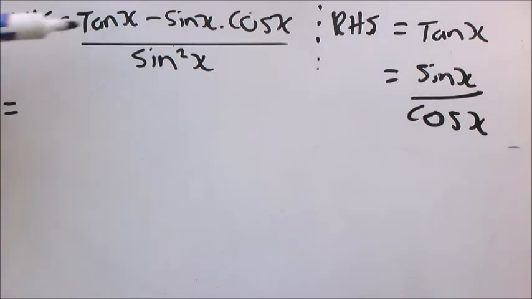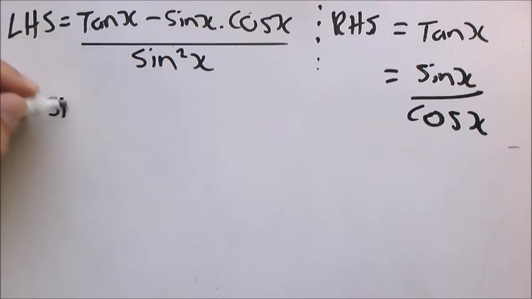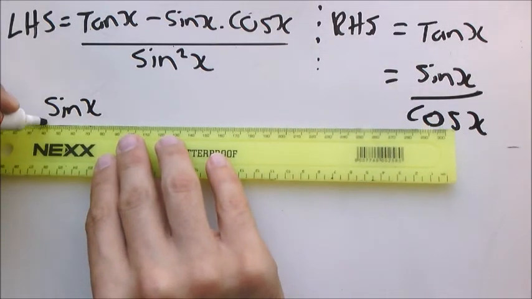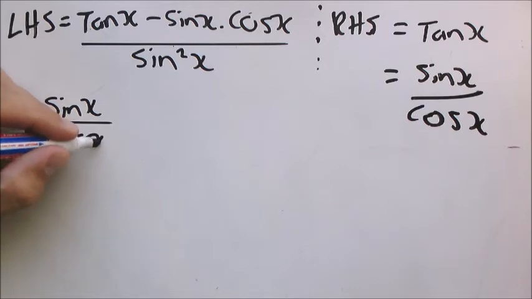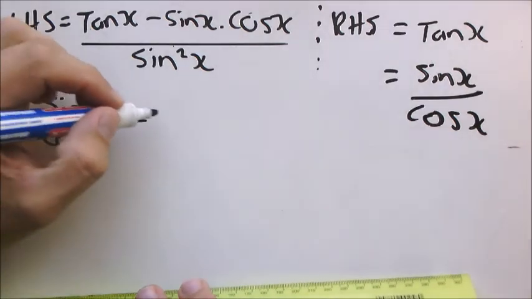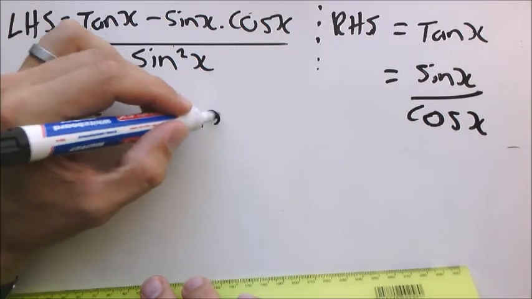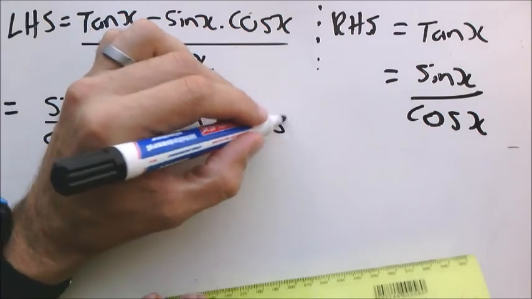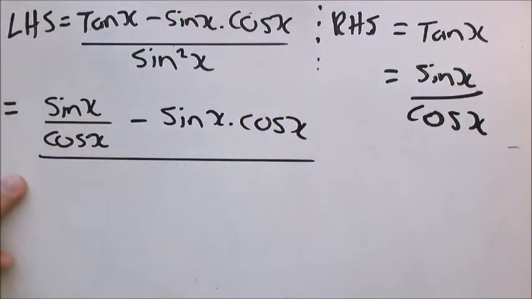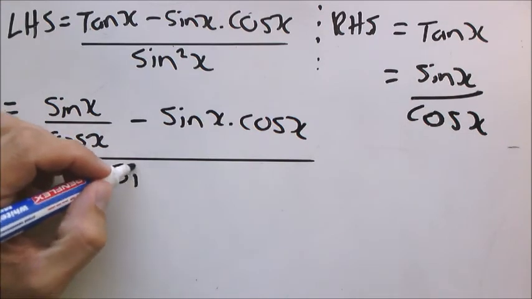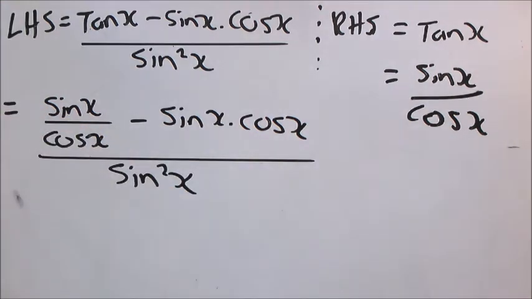Left hand side, we've got a tan x over there, so I'm definitely going to change that by using the quotient identity into sin x over cos x minus sin x times cos x divided by sin squared x.